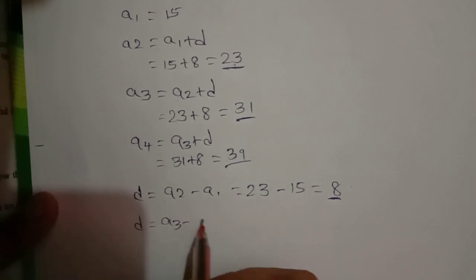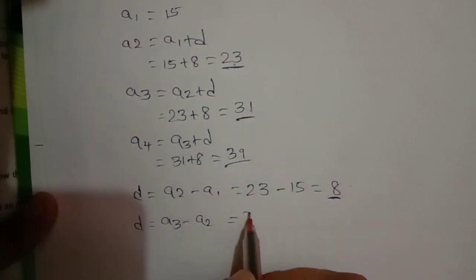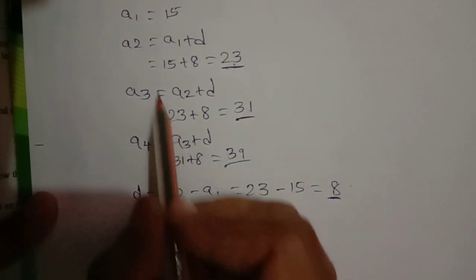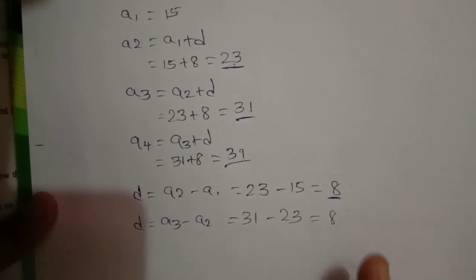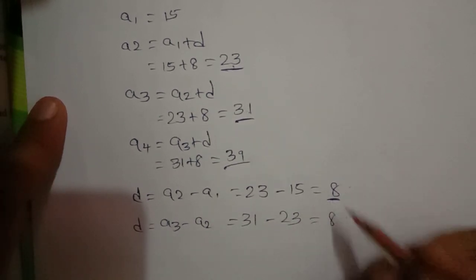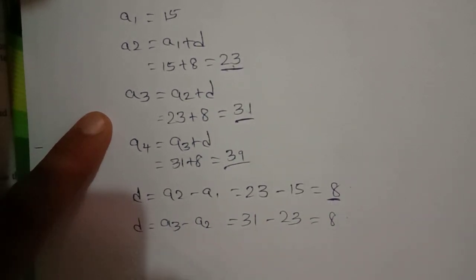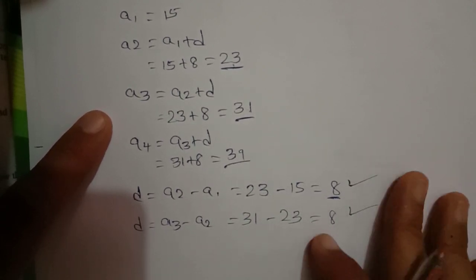Next, A3 minus A2. A3 how much? 31 minus A2, 23. Again the difference is 8. So in first and second both we got 8. Like this we can continue, A4 minus A3, again we will get the difference 8. So the differences are the same.